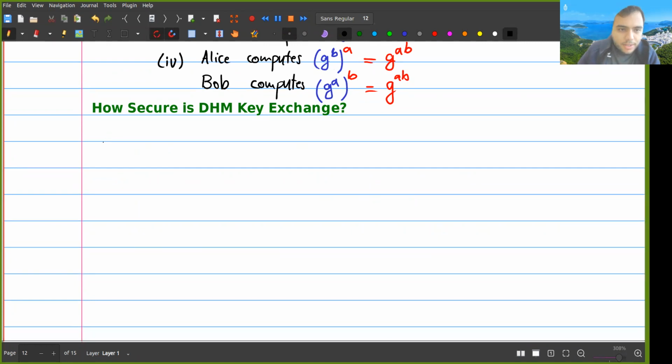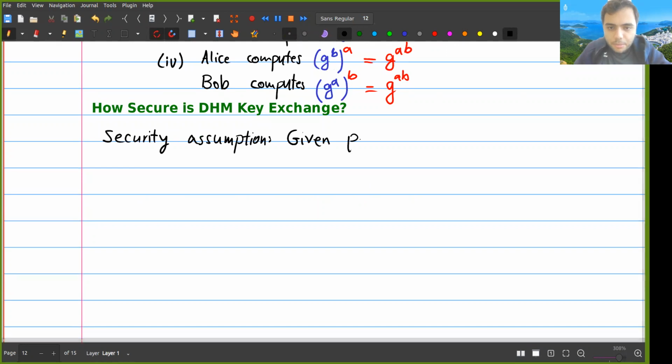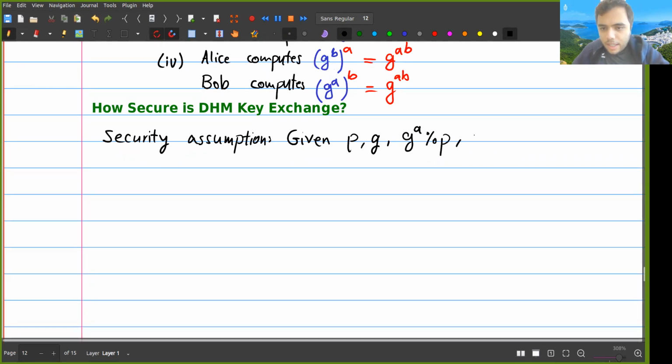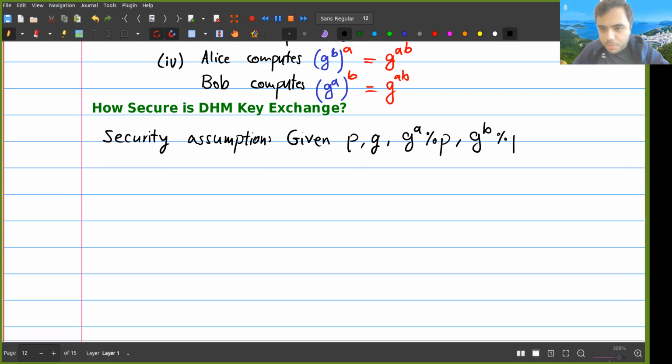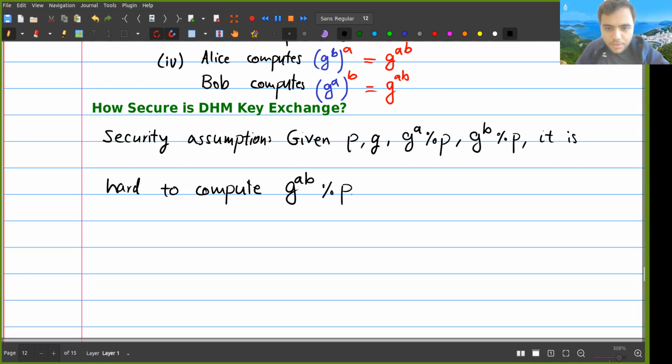Our security assumption is this: given P, G, G to the power of A modulo P, and G to the power of B modulo P, it is hard to compute G to the power of AB modulo P. Right?